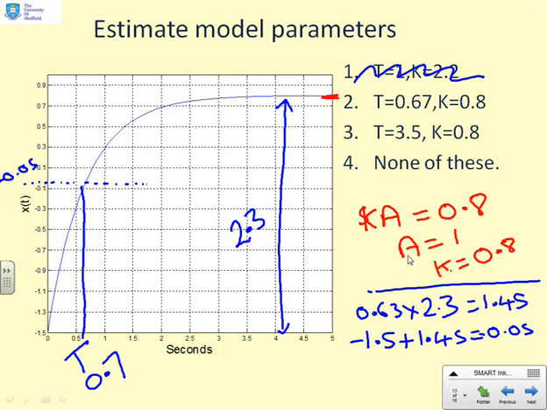I'll let you argue about whether it's 0.7 or 0.65 or something similar. Remember, we're only doing estimates, so don't try and do it to lots of decimal places because it's a bit pointless. So there we are, we've got 0.7 and 0.8 as our estimates. We now look at the proposed solutions that we've been given up here, and you notice that one of those proposed solutions is very close, so that must be the correct one. T equals 0.67, K equals 0.8.